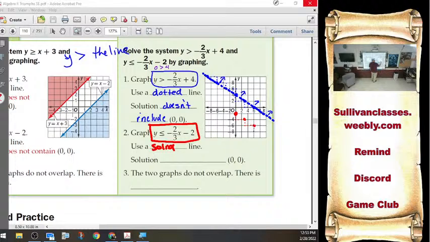Or up 1, 2, over 1, 2, 3. And that is also a solid line, we said. What are these called? Do you remember? Parallel. Parallel lines, like a train track, means they're never going to cross.